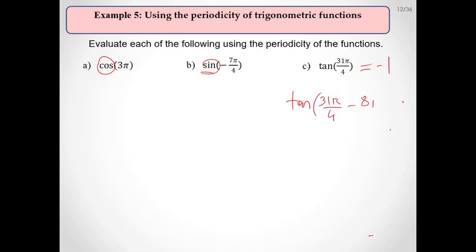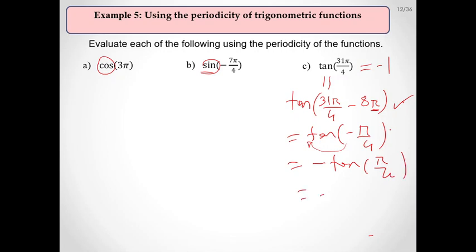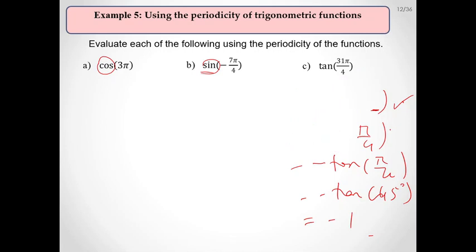So make it 8 pi, and this will be tangent of minus. Since it's a multiple of pi, it's okay. It will be equal to the same thing here, and when you do the calculation, it's minus pi over 4, and then tangent is an odd function, so you can take this minus out, so it will be minus tangent pi over 4, which is minus tangent 45 degrees, and this will be minus 1. You can also do this, but it requires some experience to see these things.